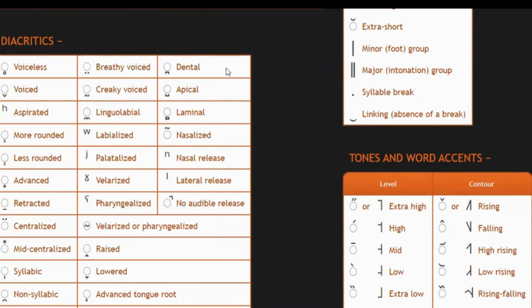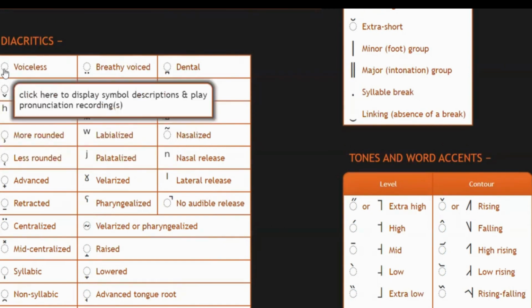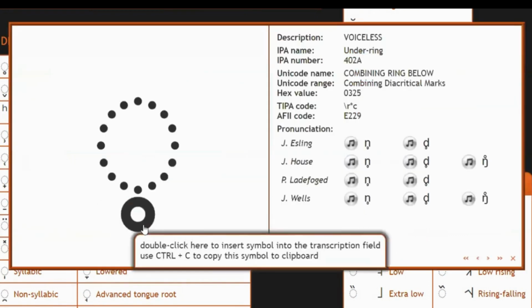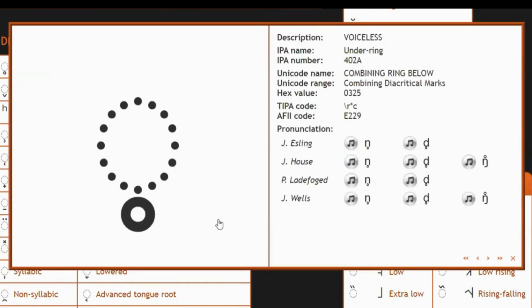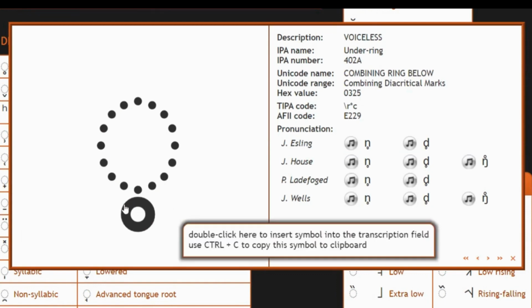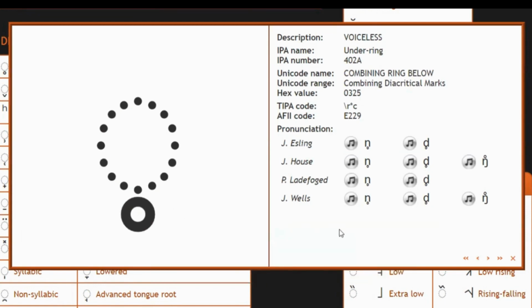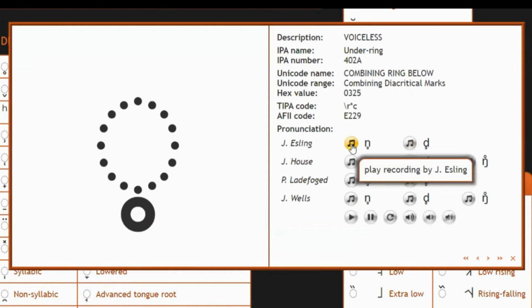We won't go through all of them because we haven't talked about what all of these mean. But we have talked about voiceless sounds, so let's look at this. If there isn't a separate symbol for a voiceless sound, you can use this circle underneath it. So here are some examples. This is a voiceless nasal stop.